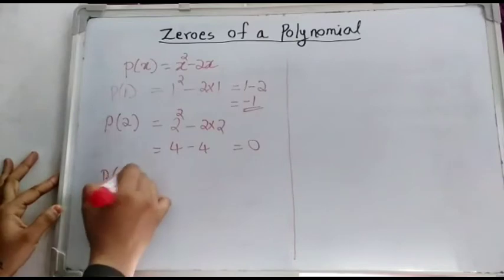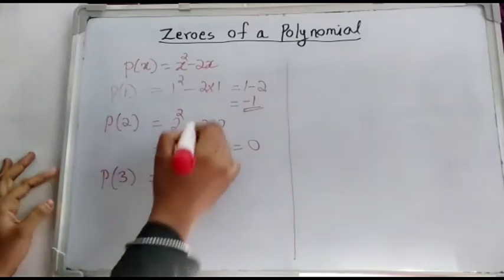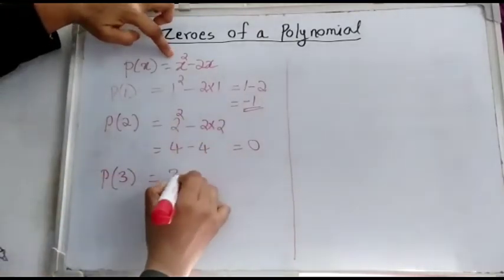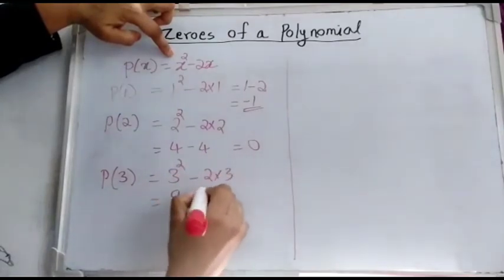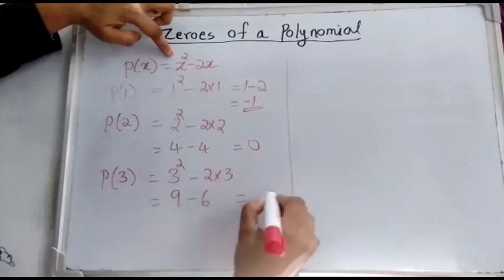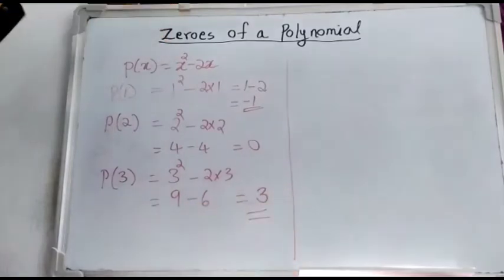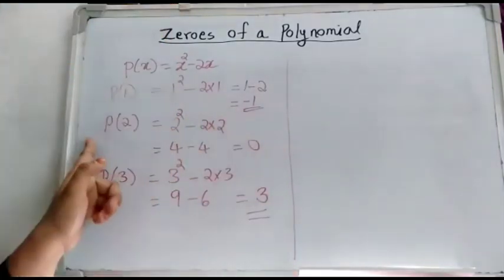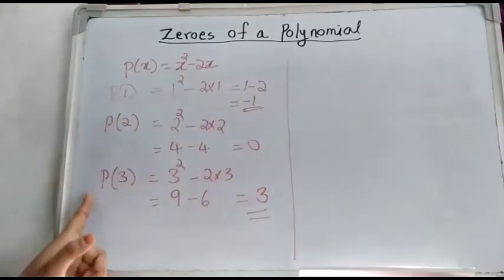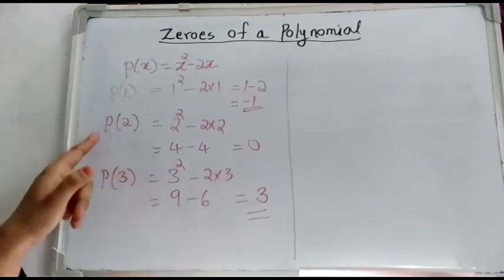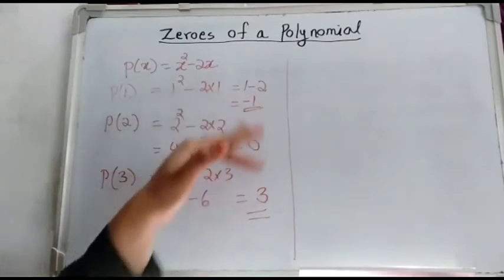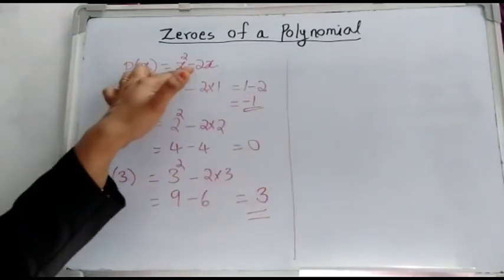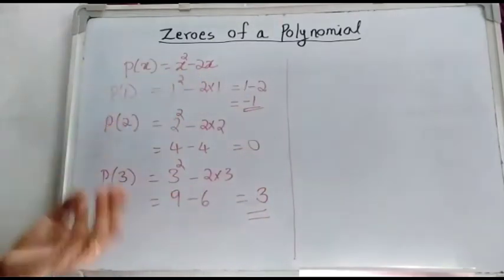Then take p of 3. X square, that is 3 square minus 2 into 3. That is 9 minus 6, which is equal to 3. So p of 1 is equal to minus 1, p of 2 is equal to 0 and p of 3 is equal to 3. These values minus 1, 0, 3 are values of this polynomial x square minus 2x for different real numbers.